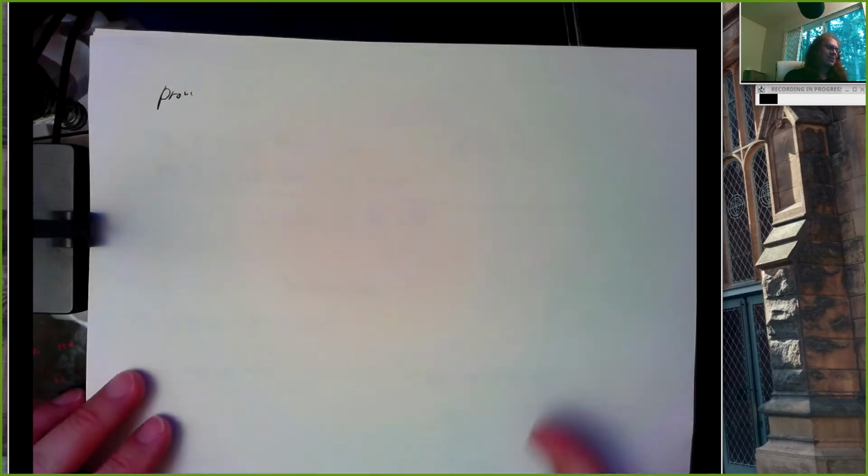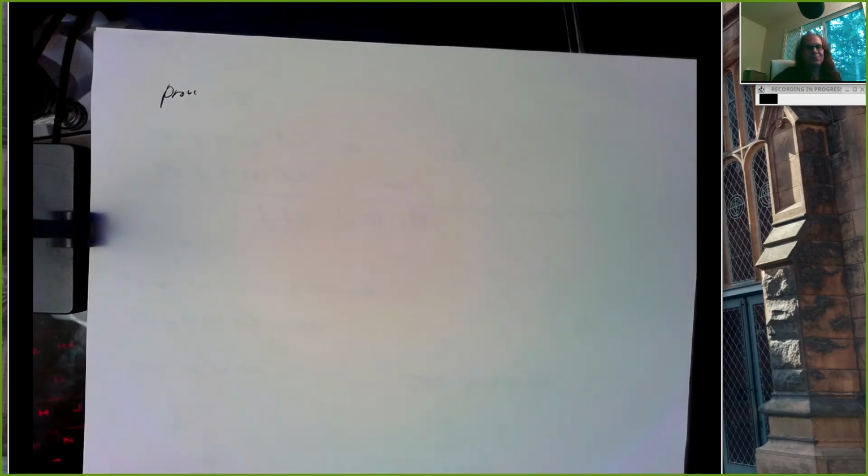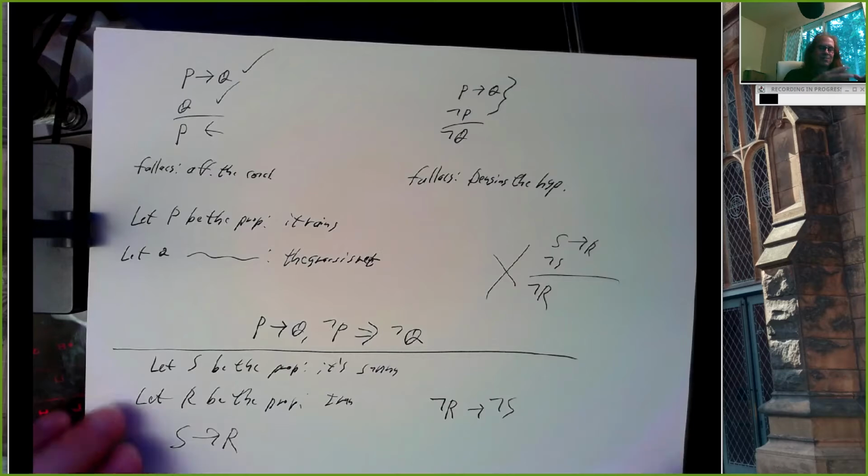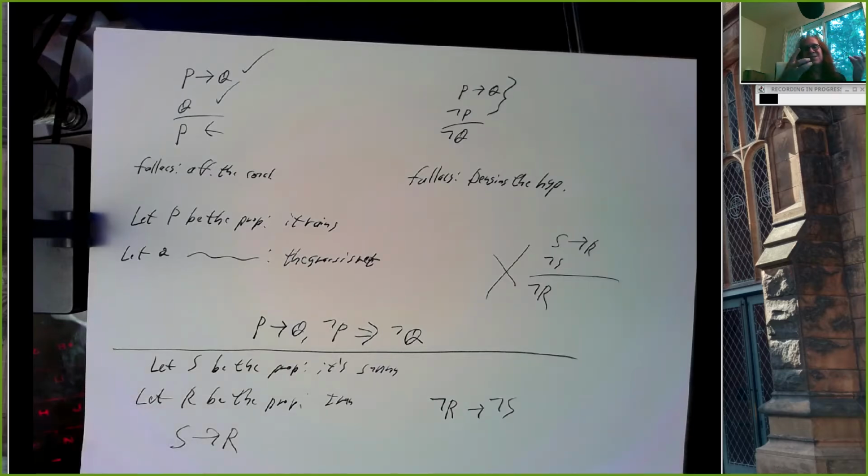Logic is a tricky subject because it relates to something very basic, which is how we think. And sometimes, especially when we're doing proofs or we're asking does this follow from that, our intuitive understanding of these concepts can actually get in the way, right?